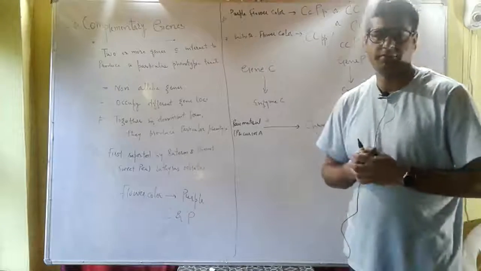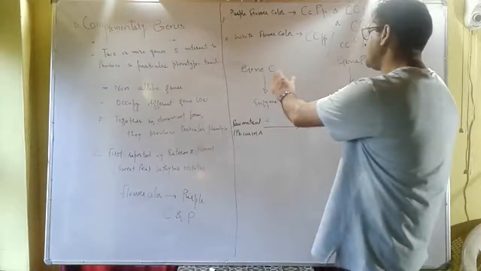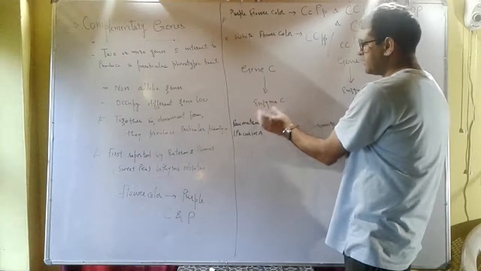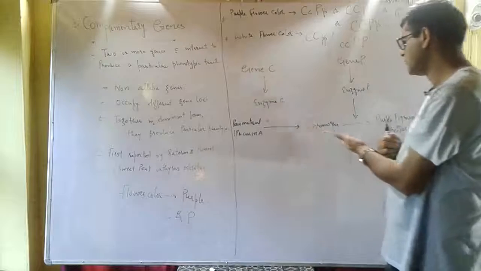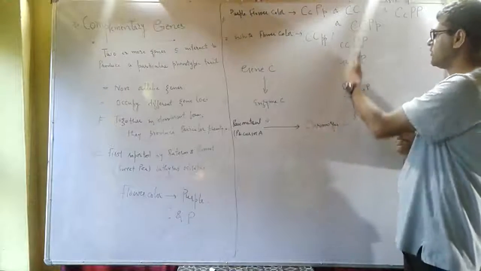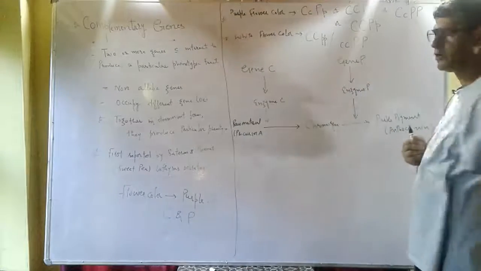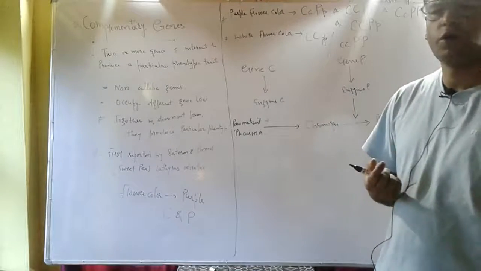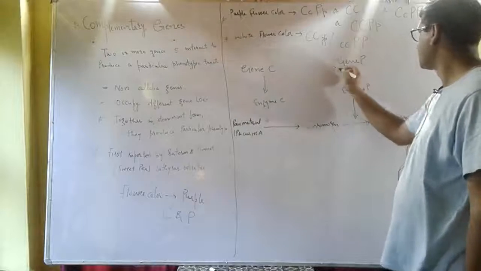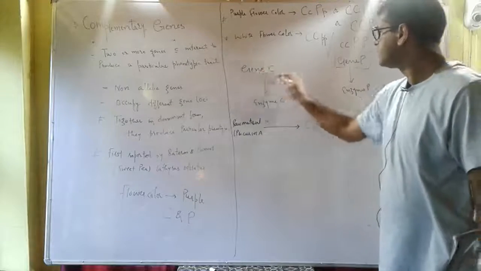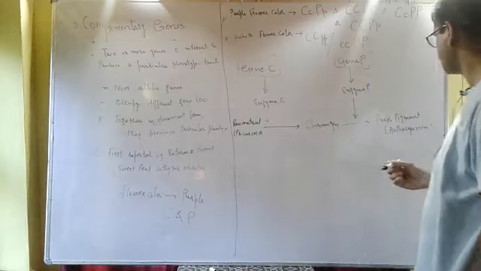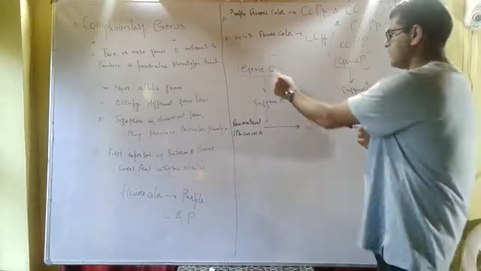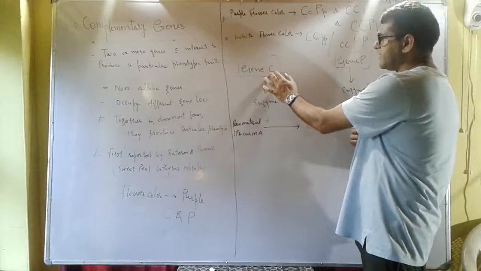When the dominant allele of gene C is present, it will synthesize enzyme C that will convert the raw material into chromogen, and chromogen is converted into the anthocyanin purple pigment in the flower by the product of gene P. This is gene P, gene C. So we can say that these two genes are dominant together.